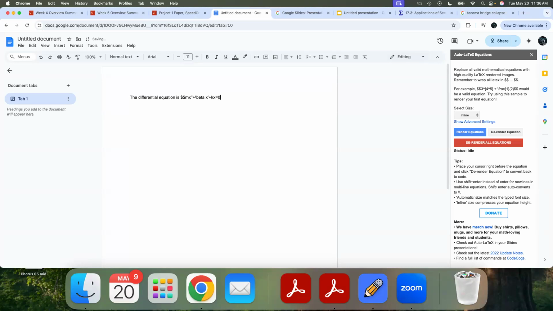Say we're doing part one version. And then hit render equation. That produces a nice, beautiful image. You may have to Google how to do some stuff in LaTeX, but that's part of this learning process. So type up the entire paper before you start working on the slideshow. That's my recommendation.